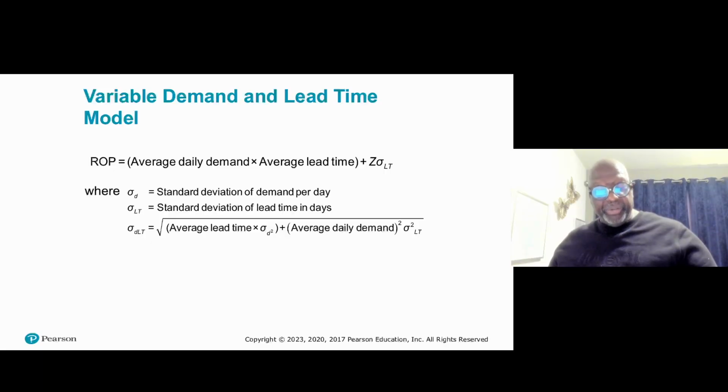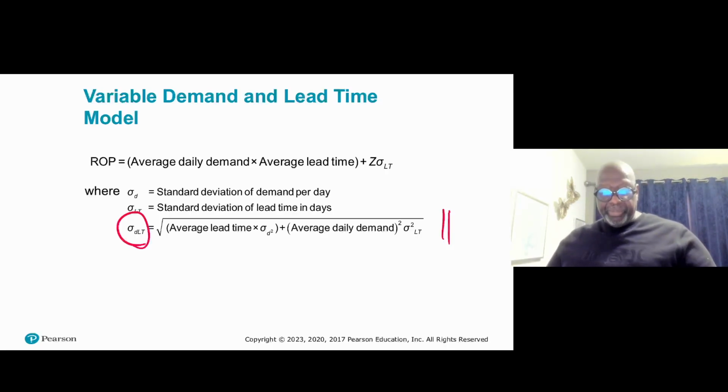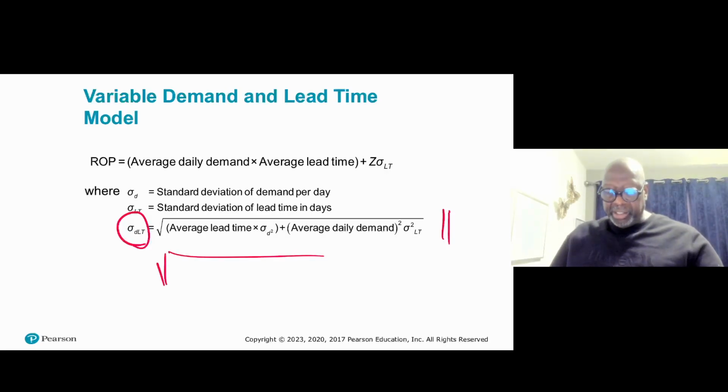And then if both of them are variable, this is the model that I showed you earlier, that's your standard deviation of demand during the lead time. So it looks like this: LT bar sigma D squared plus D bar squared sigma LT squared.